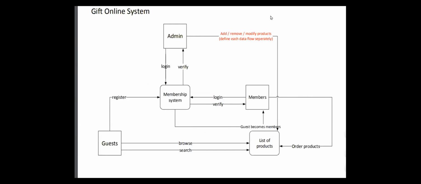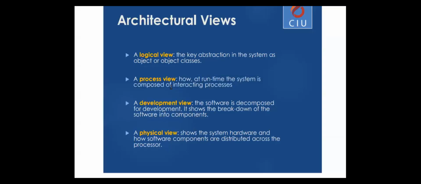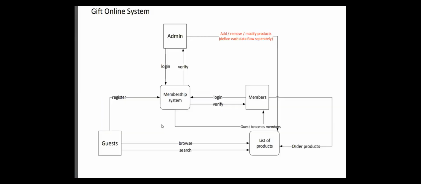We have exactly an idea of how this is going to be processed. We have the development view, which we can now divide into different sections. I can assign, for example, Ravant to do the membership, Daniel to do the admin panel, James to do the list of products, and Ahmed doing the members. So it divides the development view as well.